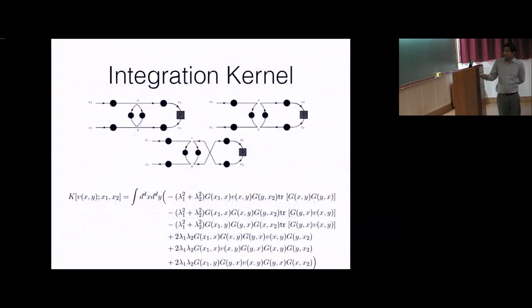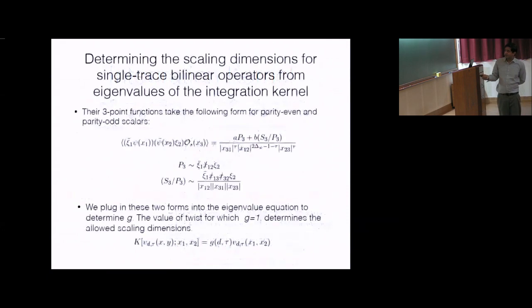This is the expression for the integration kernel, and these are the allowed forms for the parity even and parity odd 3-point functions, and they depend on tau, which is the scaling dimension of the scalar. And the claim is this 3-point function will be an eigenvector of the integration kernel in general, but for some values of tau, it'll have eigenvalue 1, and those are the allowed scaling dimensions.